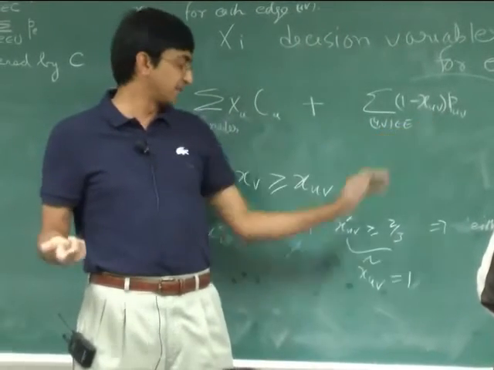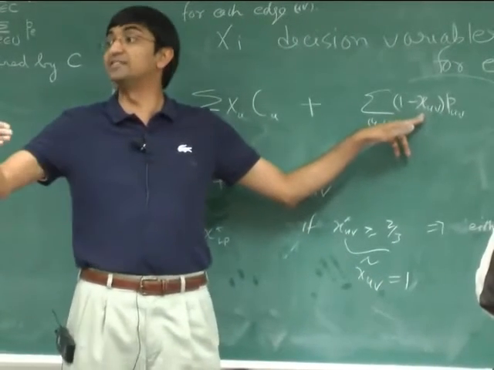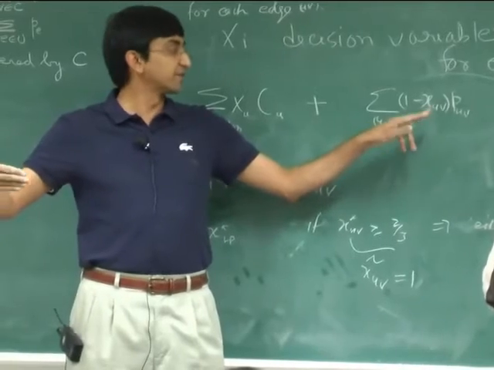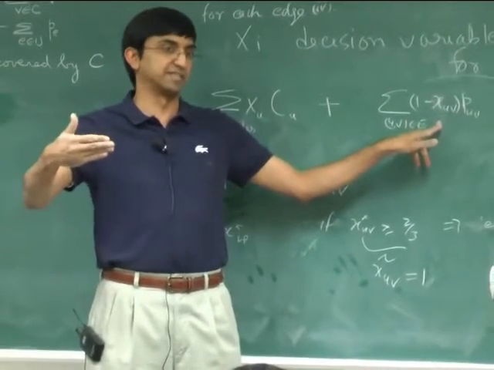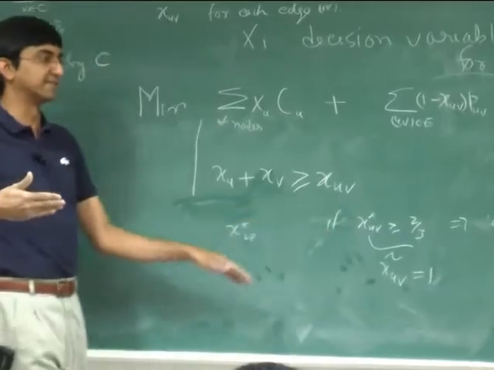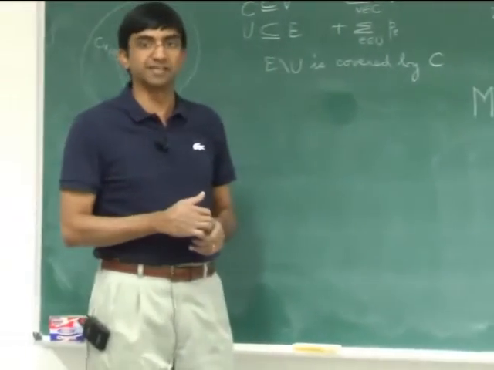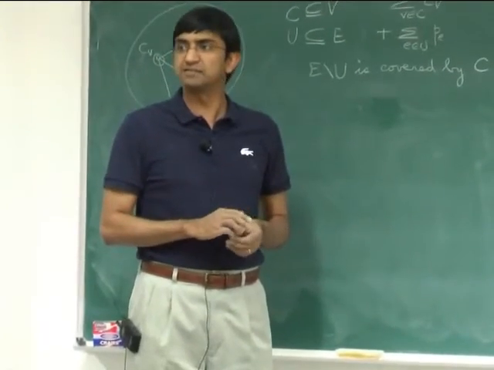After you round it down to 0, you're going to pay 1 times PUV. So even for the penalty, you're paying a factor of 3. So overall, this is a 3 approximation algorithm. Any questions?